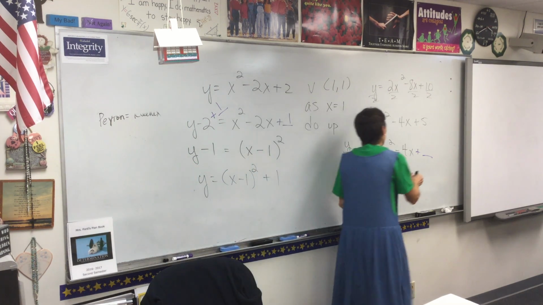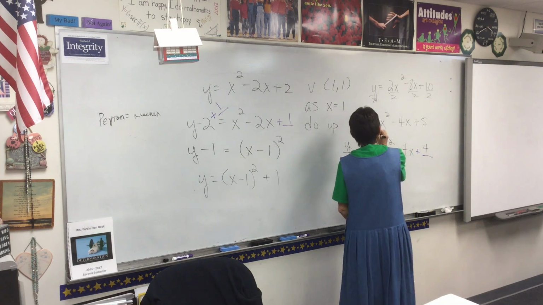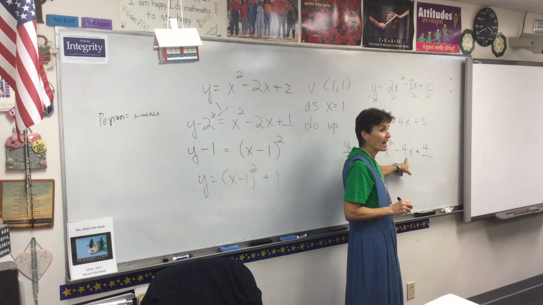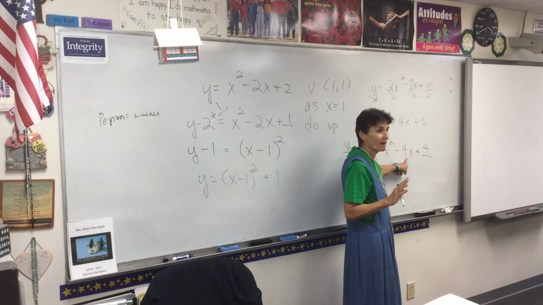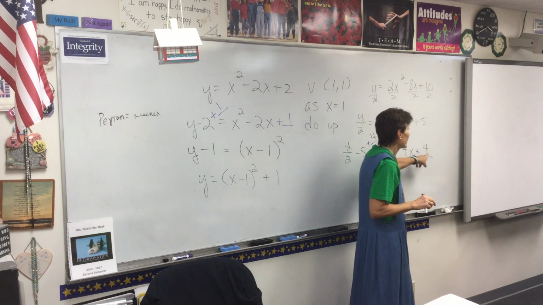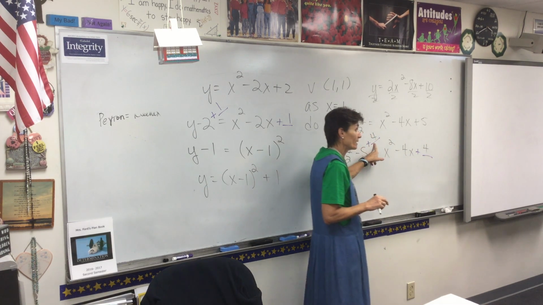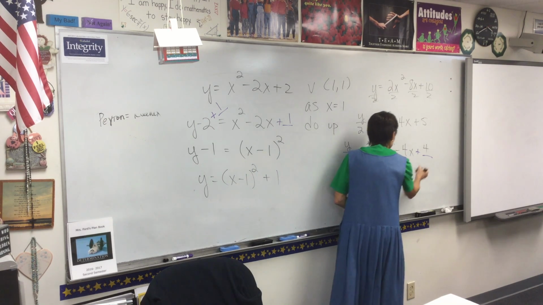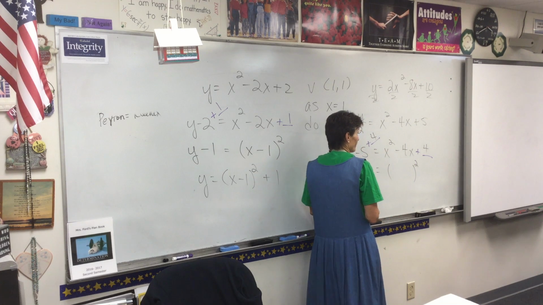Why am I adding 4? Let's go through those steps. Pay attention. We take half of this number. What's half of 4? 2. And then we square it. So we get 4. That's how we got the 4. Half of 4 squared.